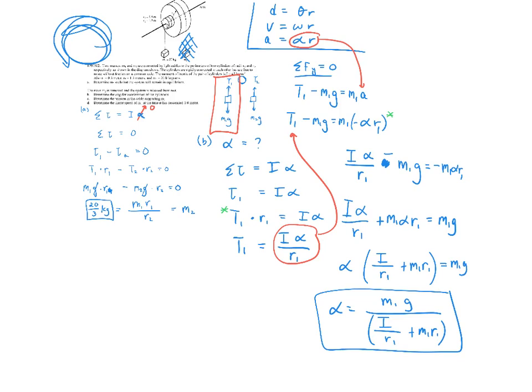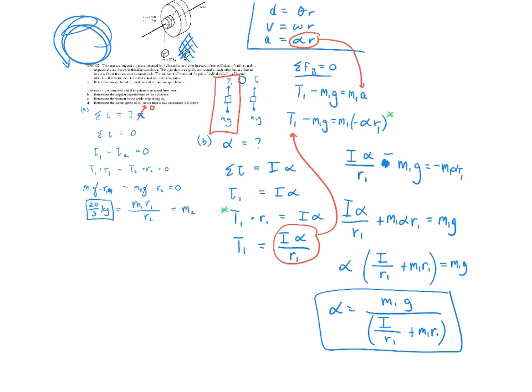I is going to be 45 divided by R1. R1 is 0.5. And then denominator plus M1 times R1. M1 is going to be 20 times R1, which is 0.5. Close my denominator. All divided into 196.